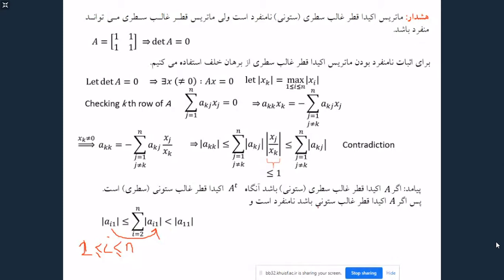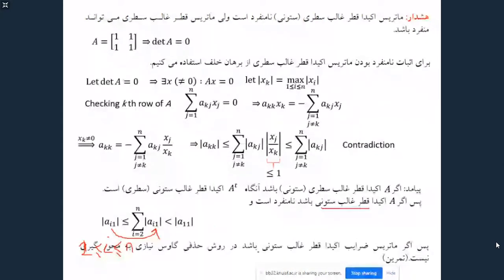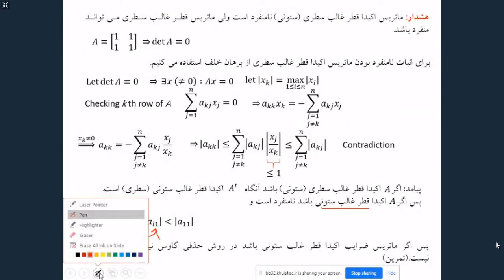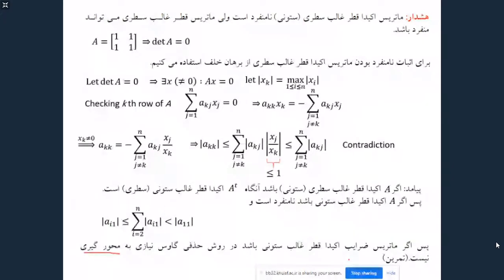And from this property, we have |a_11| larger. That means we have the maximum entry in the first column, and we don't need pivoting.